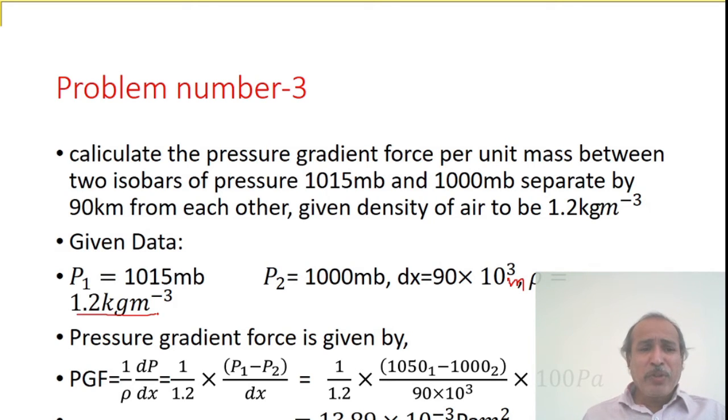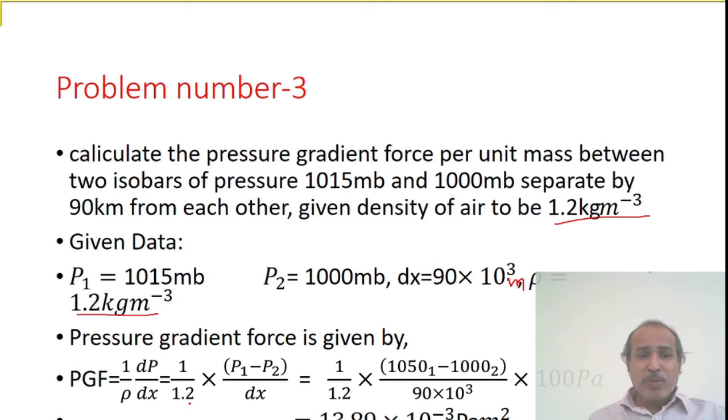Everybody knows the pressure gradient force formula: 1 by rho into dp by dx. Rho is the density, and it is per unit mass. The density provided here is 1.2 kg per meter cube. Substitute: dp by dx means change in pressure over change in distance.